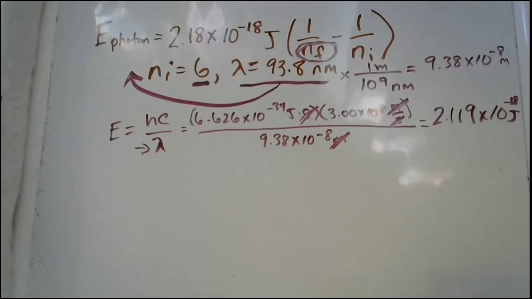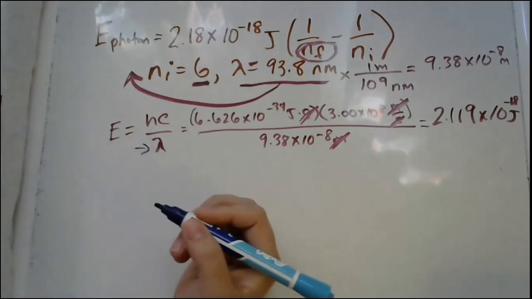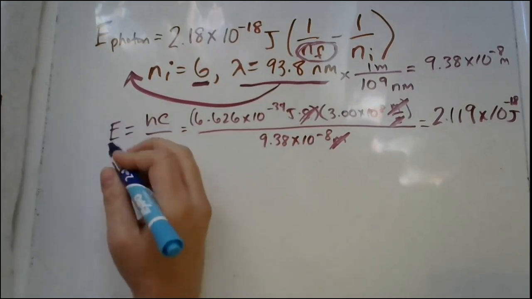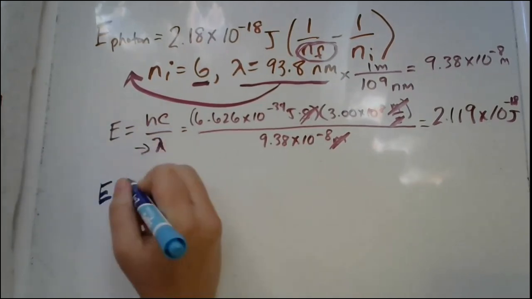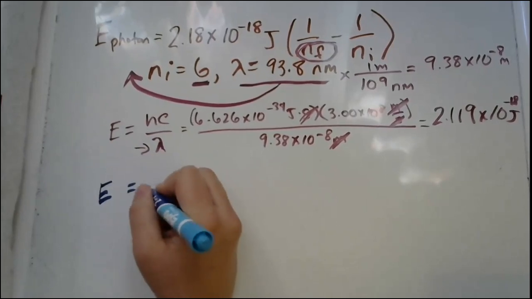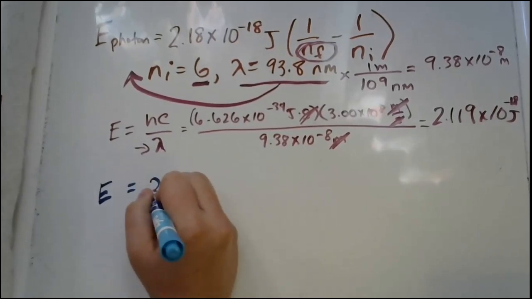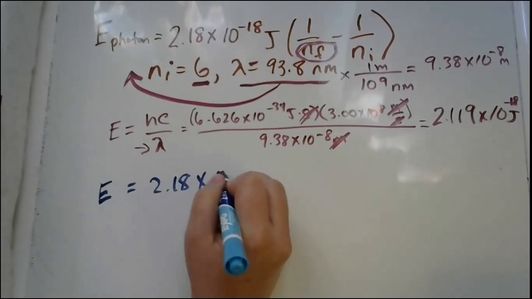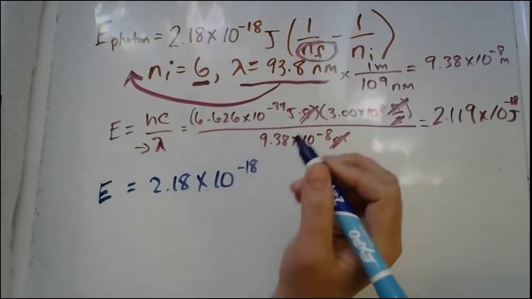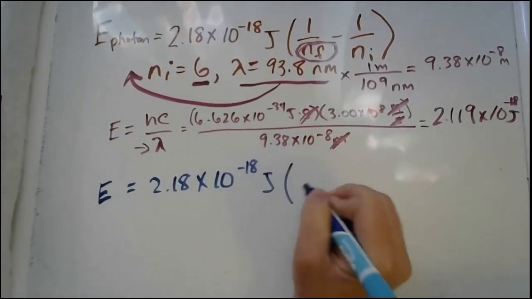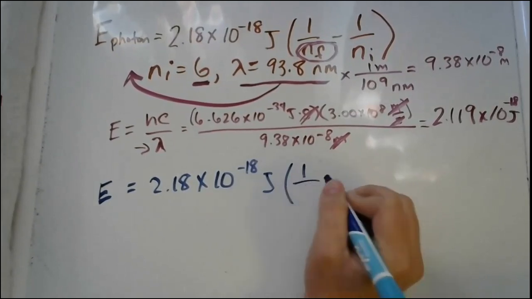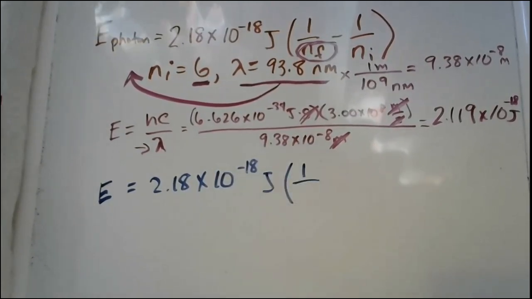Now that I have my energy value, I can go ahead and solve for my Rydberg equation here. So I'm going to have 2.18 times 10 to the negative 18 joules. Now, in this case, we need to think back here.